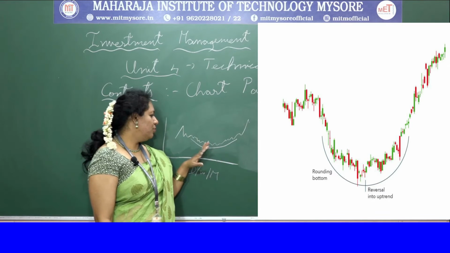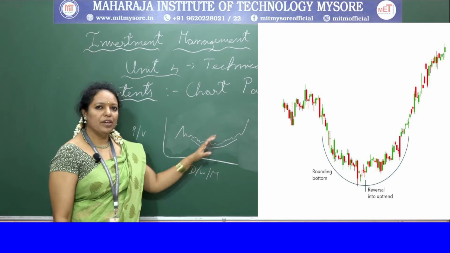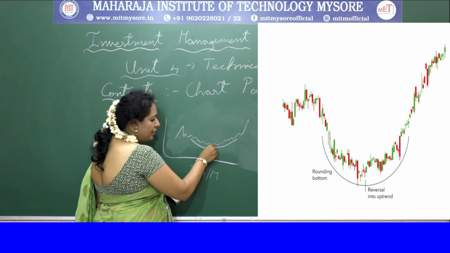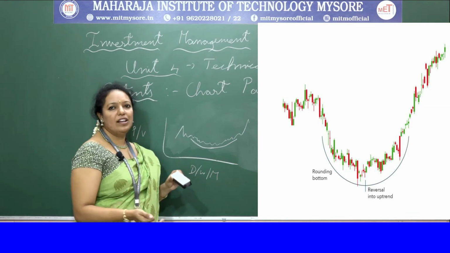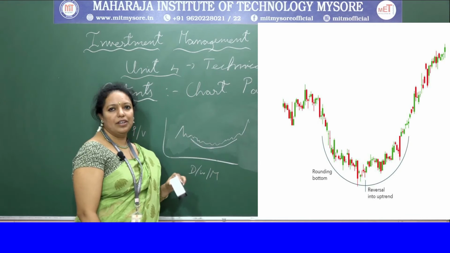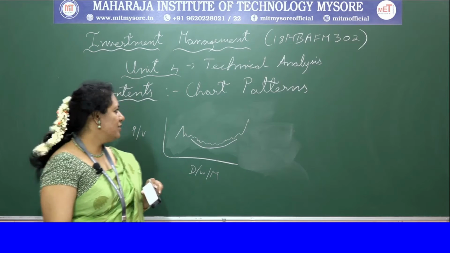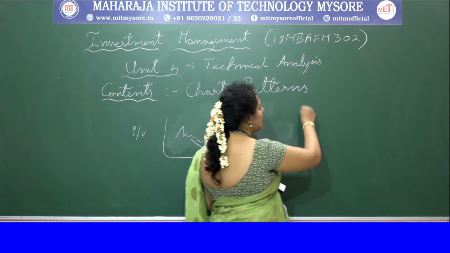Okay, so most probably you have understood. This is rounding bottom. Halfway around, it will be continuously deteriorating, and when it reaches the bottom, it reverses up into an upward trend. Clear?